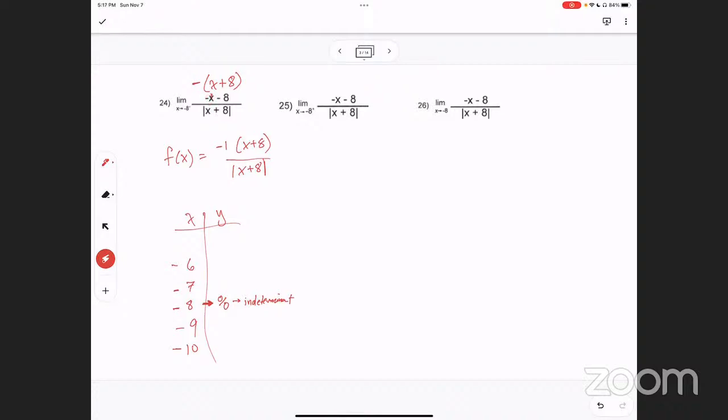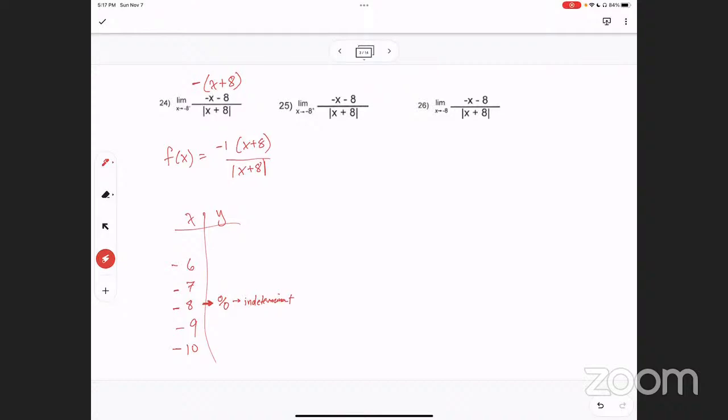Yep, it's -1, because you'd plug 0 in here and here, you'd get -8 over +8, which is just -1. Got it? But you can't do that for -8 because you get 0 over 0. So you're going to have to do a little bit more analysis.